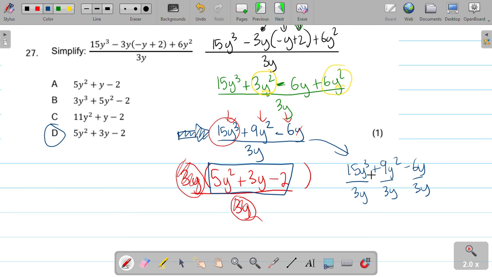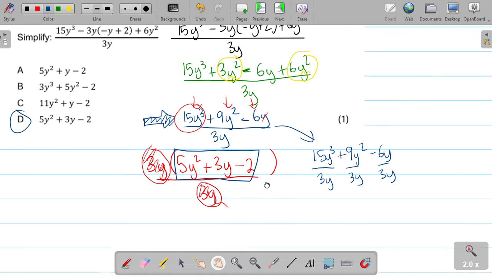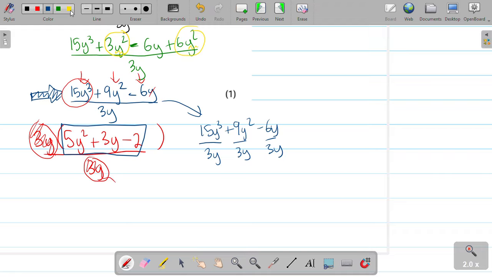Okay, if I were to show you how to just continue along this path, let me just help you here. So over here, once you split it, separate them, you can just simplify. So 15 divided by 3, that's going to be 5. So the 15 and the 3 cancel. The y to the 3 and the y to the imaginary 1 cancel. So you're left with y to the 2 plus 9 divided by 3 is 3.